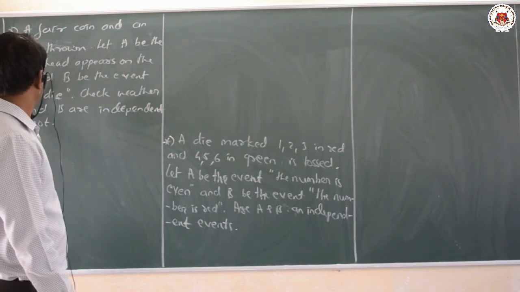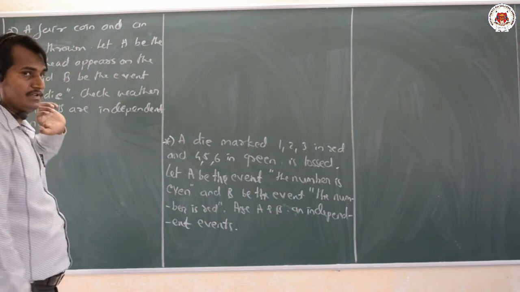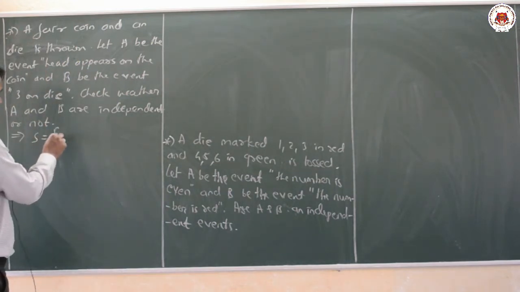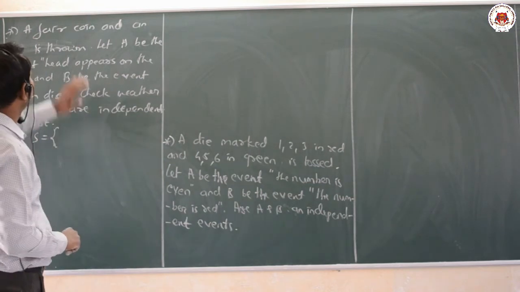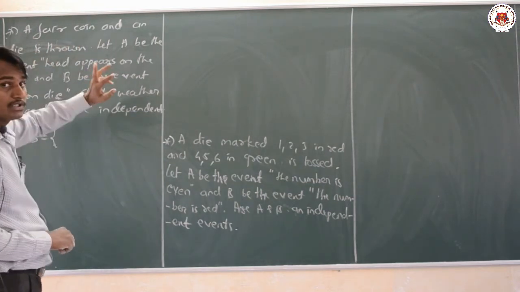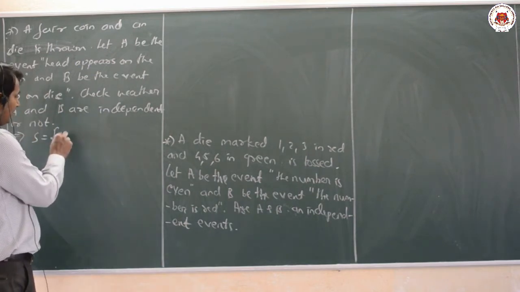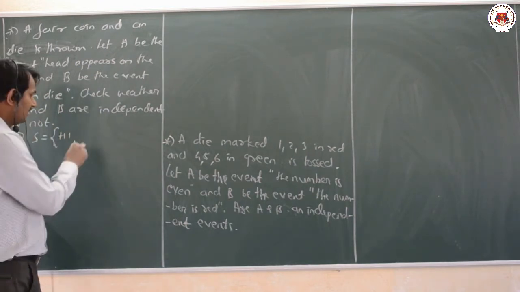Let A be the event, head appears on the coin. So first of all, starting with the problem, let us write the sample space. Now what is the sample space here? A fair coin and the die are thrown, both at once. That means I may get head 1 and tail 1.